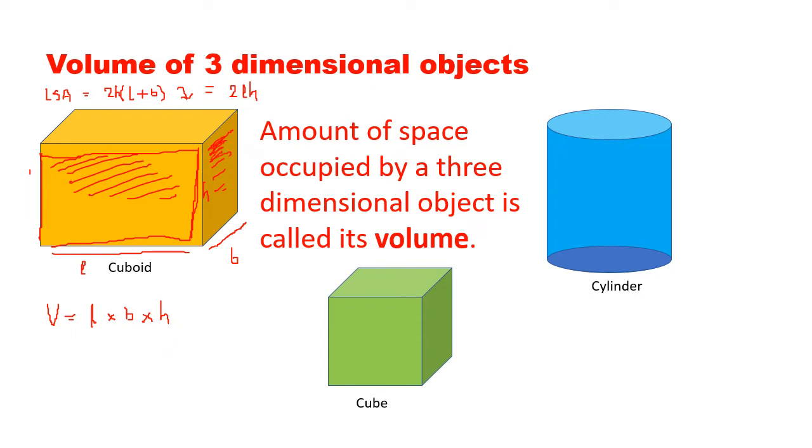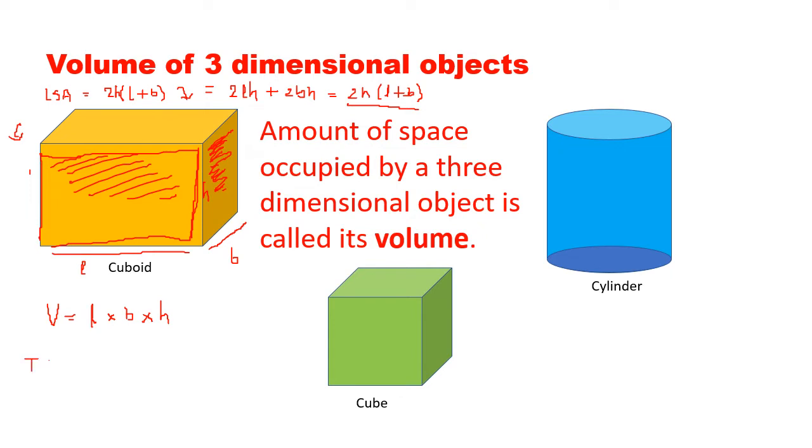And this side is breadth into height, and the side opposite is 2 times, so plus 2 breadth into height. Taking out 2h common, we get the formula L plus B. So that was the lateral surface area of the cuboid, given by the formula 2h into L plus B.